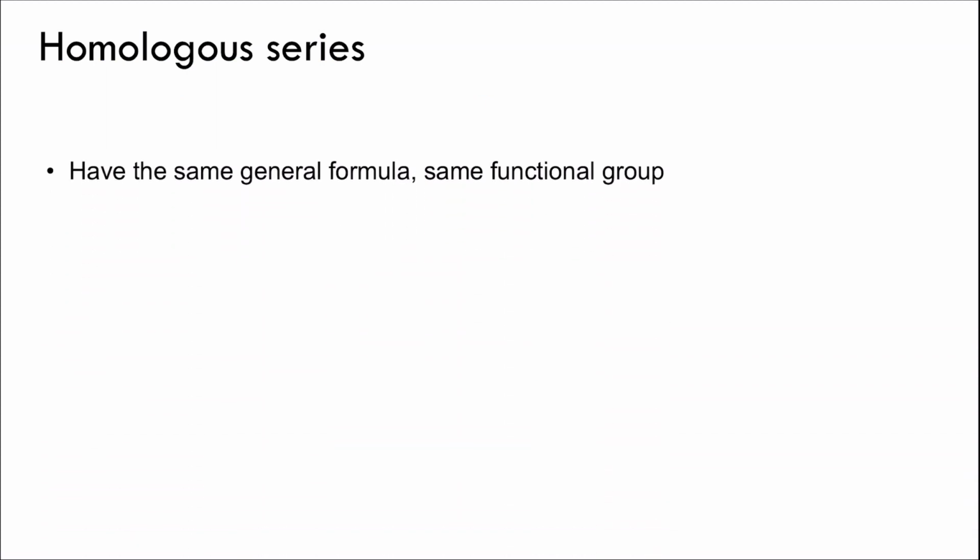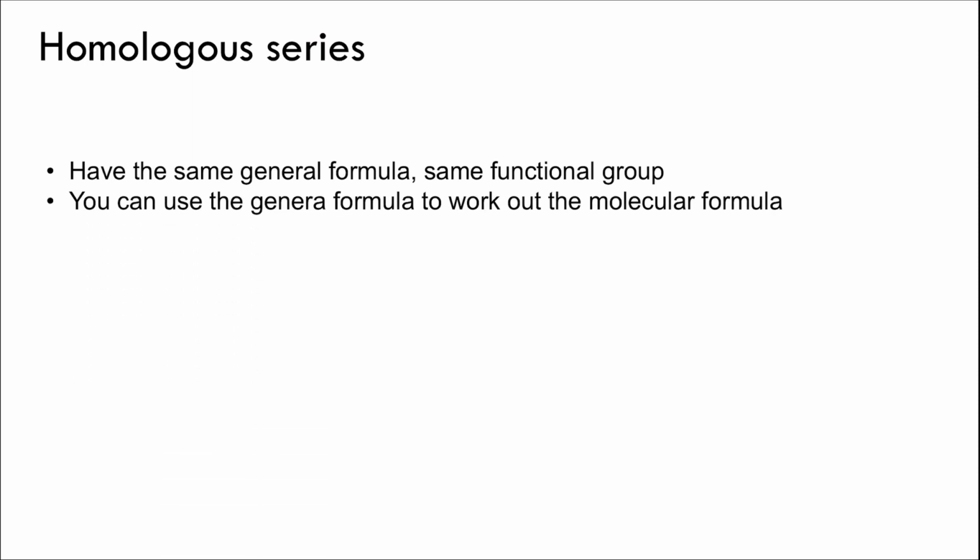All the different classes of organic molecules we're going to learn about constitute or form what we call a homologous series. Homologous series are series of compounds which all have the same general formula and the same functional group. So you can use the general formula to work out the molecular formula of your molecule by knowing how many carbons there are in the molecule.